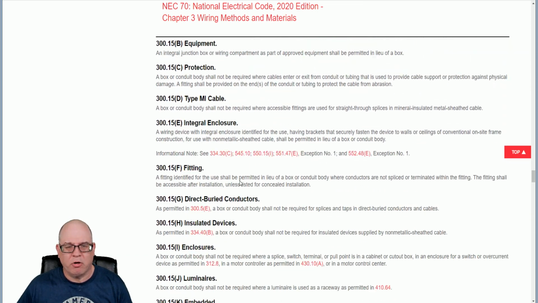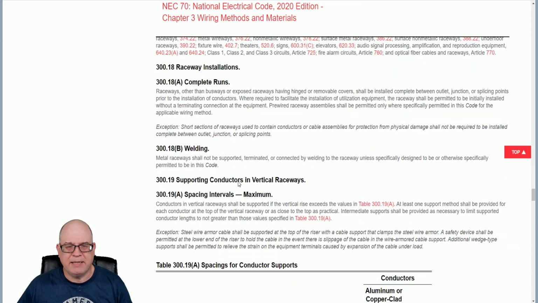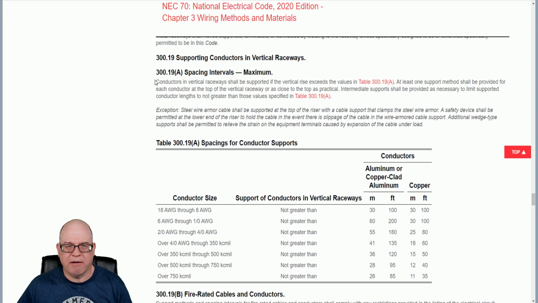Okay, so let's go to 300.19. And here's what we're looking at right here. 300.19, supporting conductors in a vertical raceway. Spacing intervals, maximum. So this is the maximum spacing intervals where we're going to have to add support based on a conductor's size.